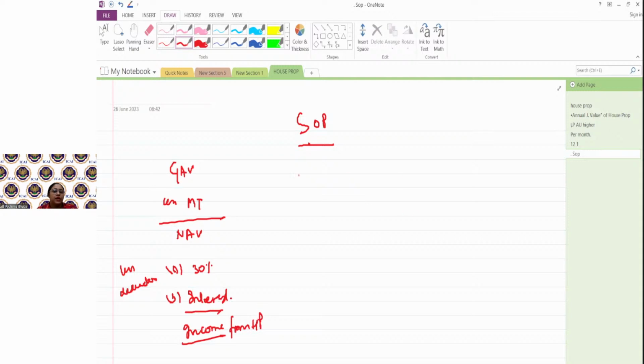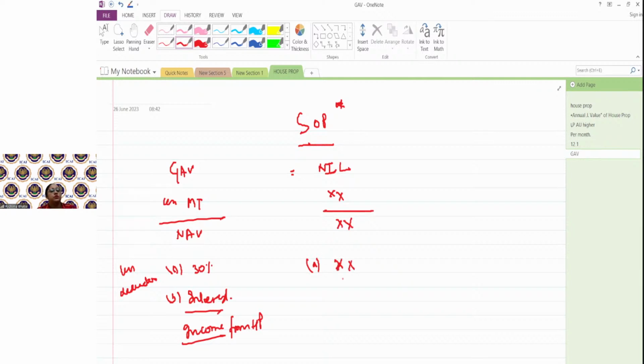Correct. Now, gross annual value, my friends, in case of self-occupied property, is to be considered as nil, but only up to 2 properties, that concept I will tell you. Because it is nil, the deduction for municipal taxes is also not allowed. NAV is also nil. Standard deduction on nil, what will you get?